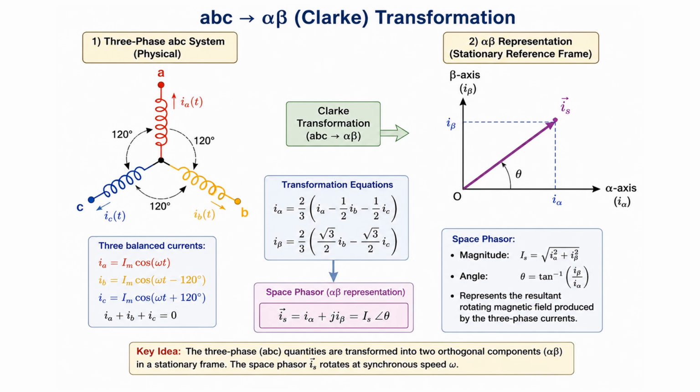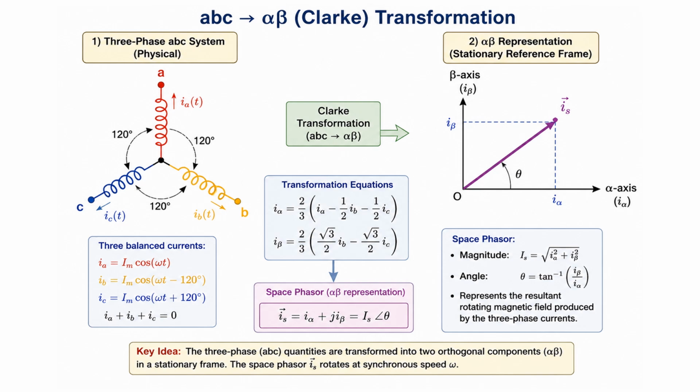Its magnitude is the root of I alpha squared plus I beta squared, and theta is tan inverse of I beta by I alpha. So it represents the resultant rotating magnetic field produced by the 3 phases. Here also it is a single vector rotating at the same speed. This IS is the resultant of IA, IB, IC at one instant of time.